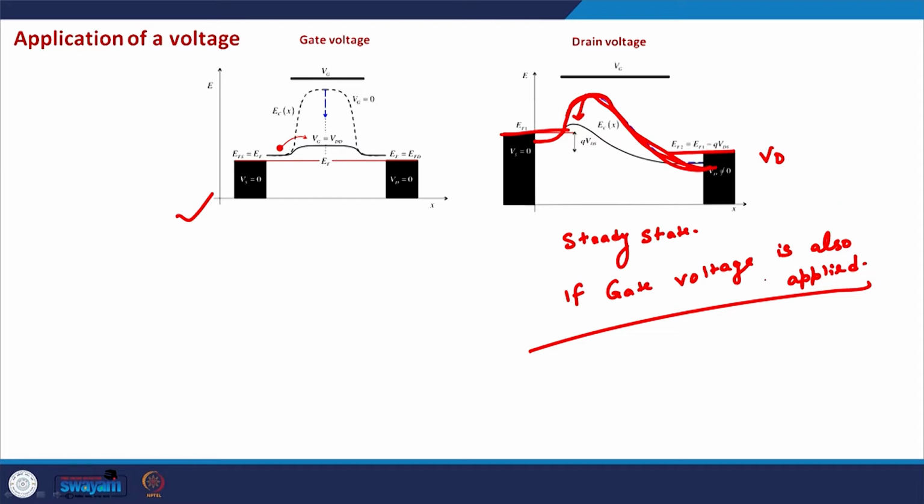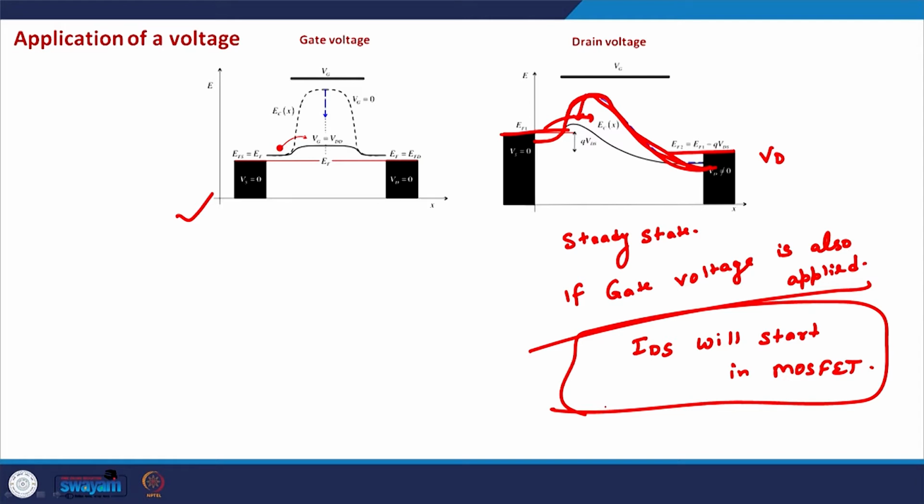So now we can see that a larger number of electrons from the source side can cross the barrier, and there will be a current from the drain terminal to the source terminal. That is how this IDS will start in the MOSFET. And that is essentially the mechanism of current conduction in the MOSFETs.